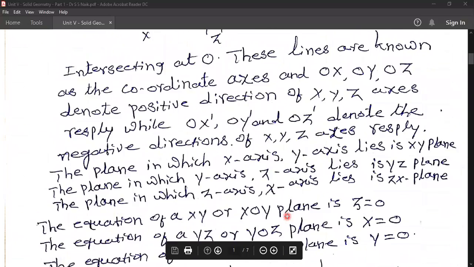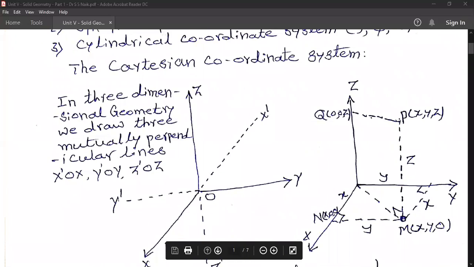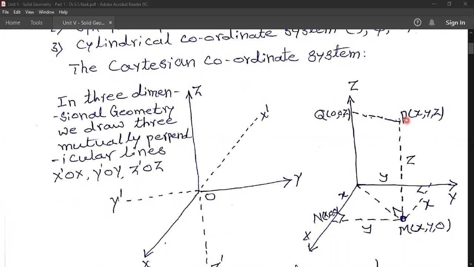If you see this figure, this is a point P, then z is the perpendicular dropped to the z-axis, and the corresponding values of x and y are denoted by a point in space P(x, y, z).